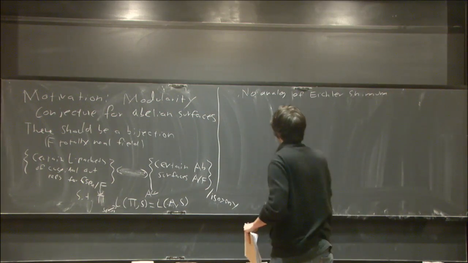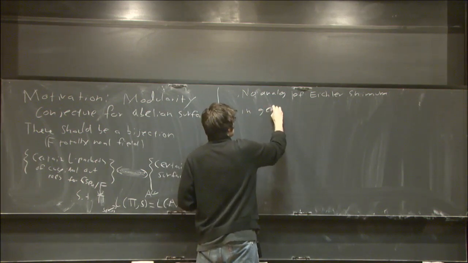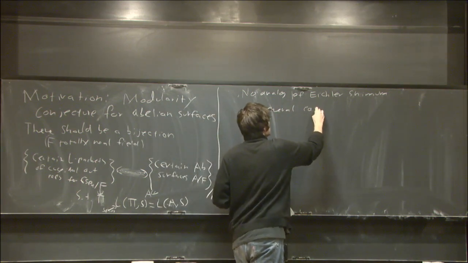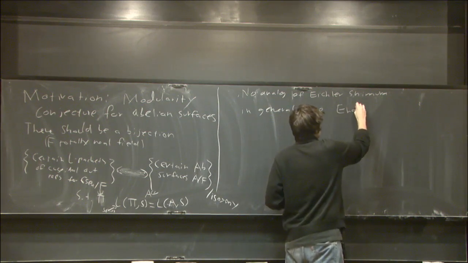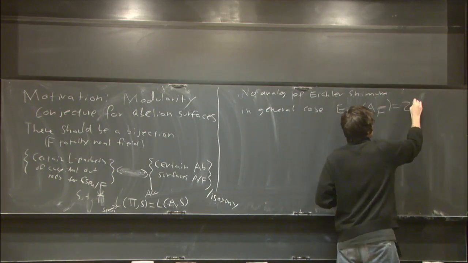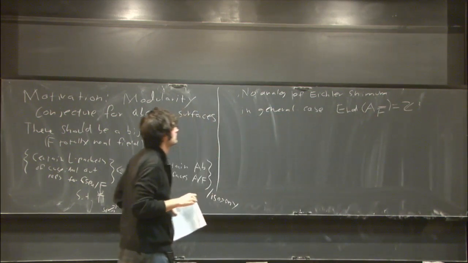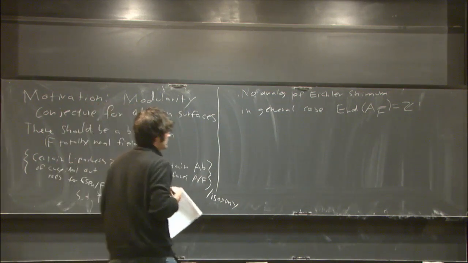And so in the general case, namely when the endomorphisms of A base changed to F bar is just the integers, we really don't know much in either direction.